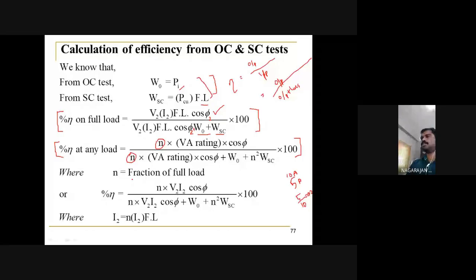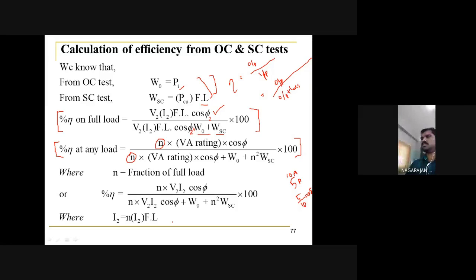It should be written in decimal form as 0.5. So I should multiply that value 0.5 with the input power, output power, and losses. Do you understand how to find efficiency from open circuit and short circuit tests?